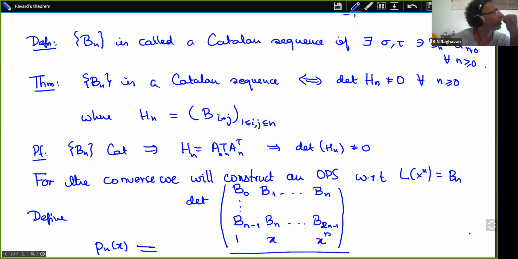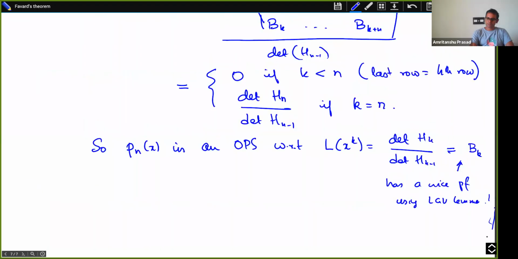So this is required. So this has a nice proof using LGV. So I guess, if I'm not mistaken, we need this as well. So you're saying this is needed, this LGV lemma proof is actually needed. Yeah, that's what it seems like.